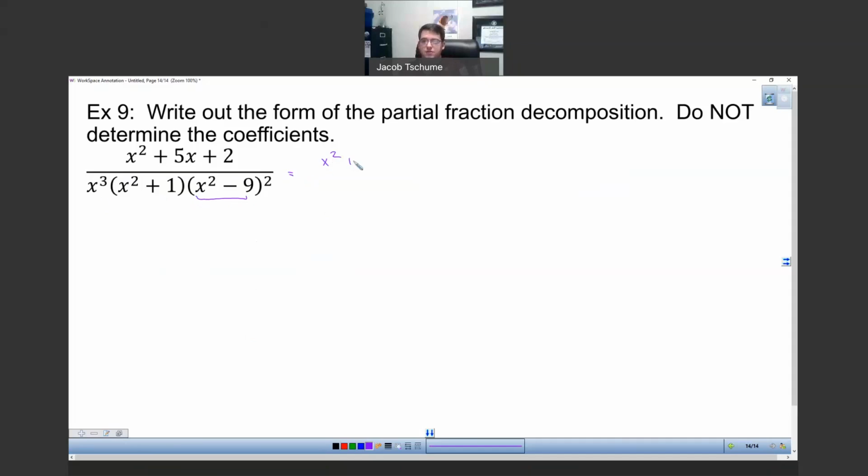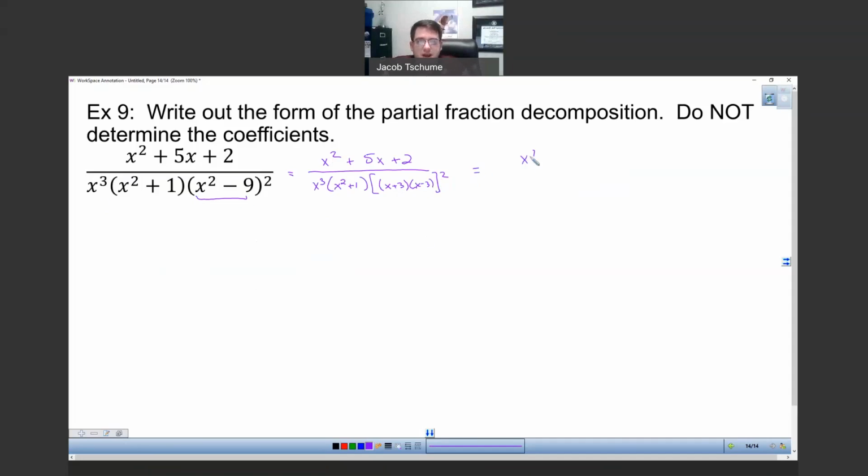This would be x squared plus 5x plus 2 all over x cubed times x squared plus 1, and then you would factor this into x plus 3, x minus 3, all of that squared. This now allows you to distribute the squared to both terms.